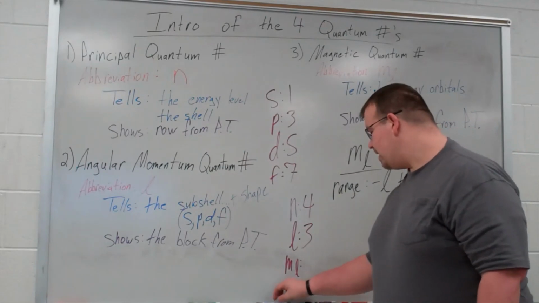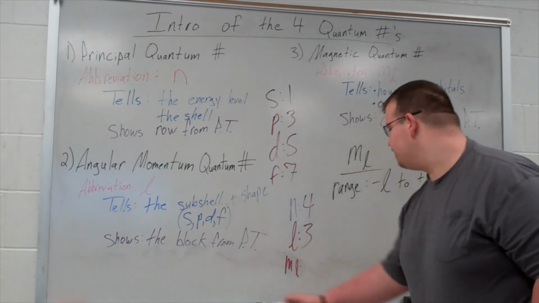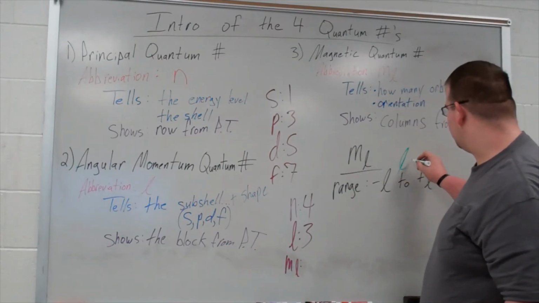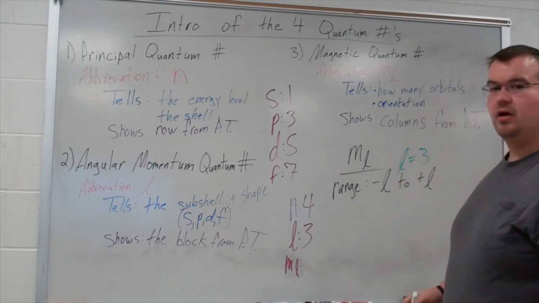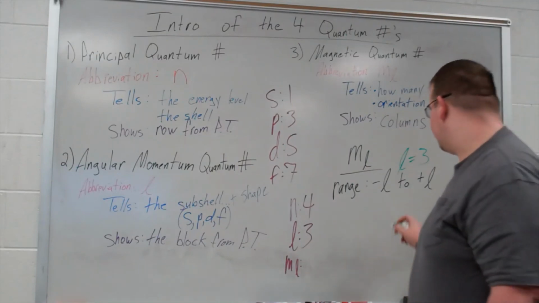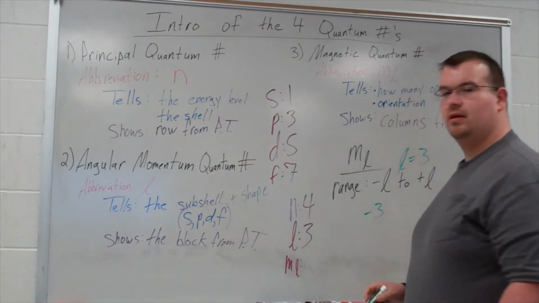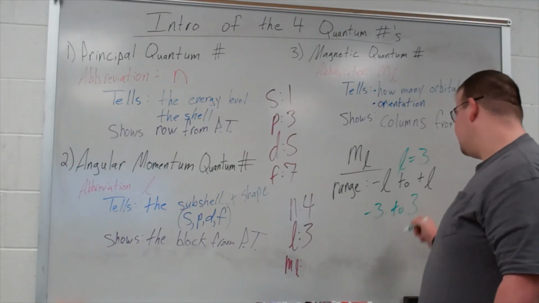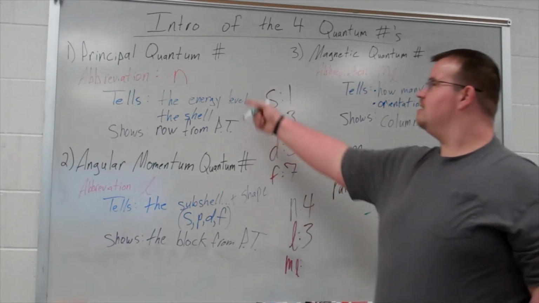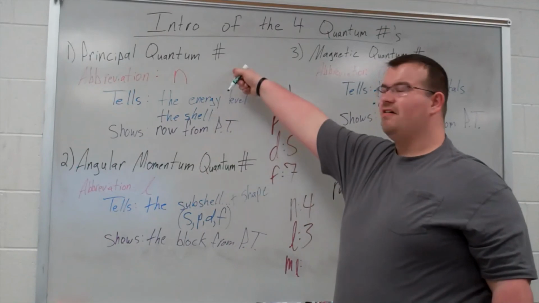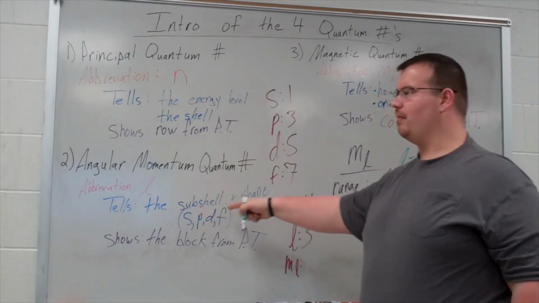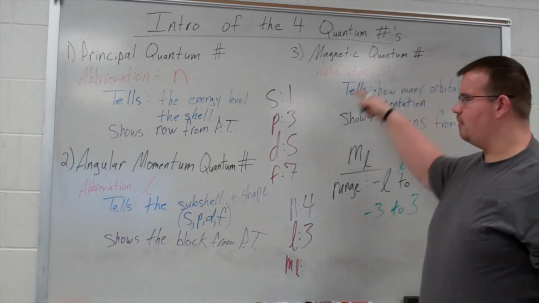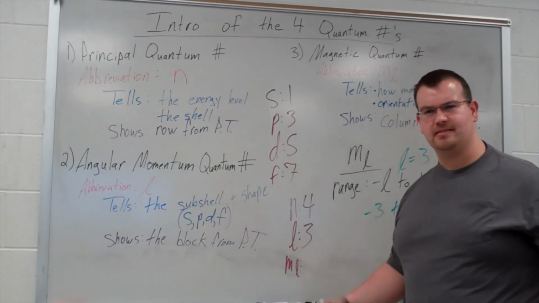So right here, we're looking at L is 3. So from negative L, negative 3, to positive L, positive 3. Now this is the thing. This was a whole number. This number is based off that. This number can only be a whole number because this number is based on that number. Hopefully that makes sense to you.